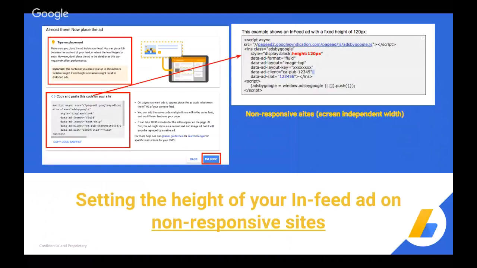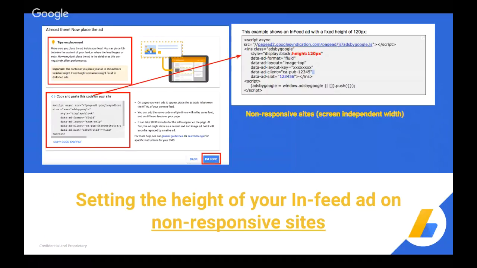The system lets you basically append a height parameter that is appropriate for the height that you would like to have within your feed. We will see an example in a second. So you'll see here, this is the ad code that is generated from the first image to the second image.